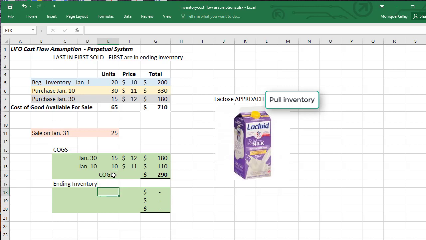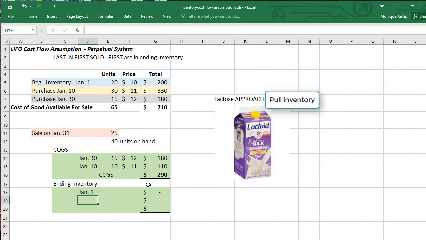And then for our ending inventory, again, if we take the number of units we have available for sale, which is 65, and we subtract the units that we sold, that should give us what we have in our ending inventory. So our units on hand is 40. Because we're using the assumption of last in, first sold, the first will remain. So it's the first date, January 1st.